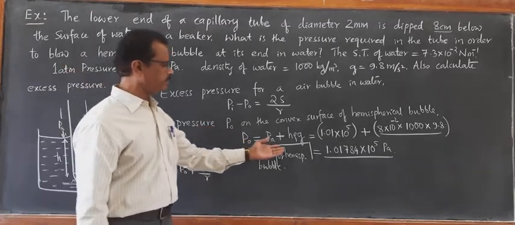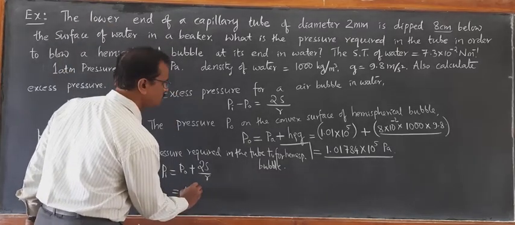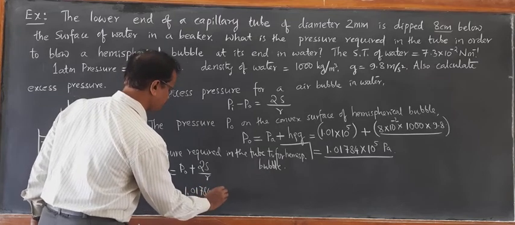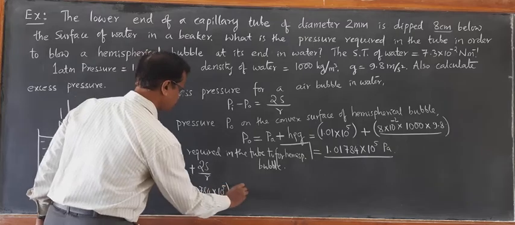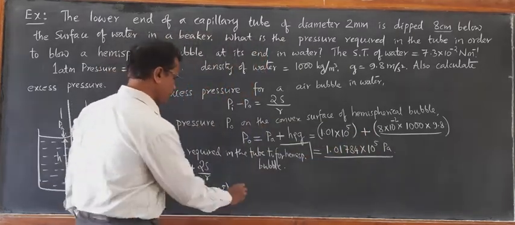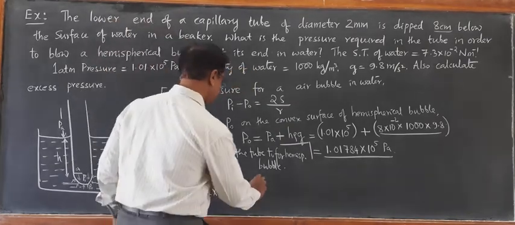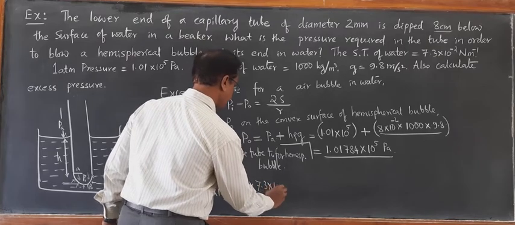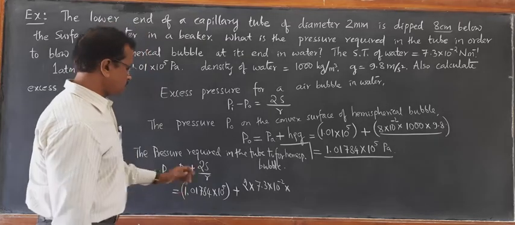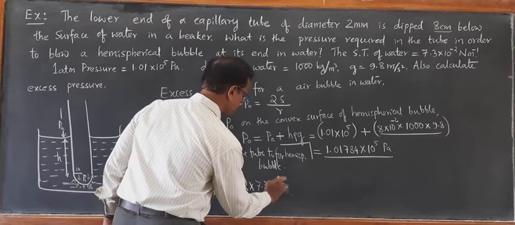We already calculated what is P naught. So P naught is 1.01784 into 10 raised to 5, just now we calculated, plus 2s upon r. 2 into surface tension of water, which is given as 7.3 into 10 raised to minus 2, divided by r.